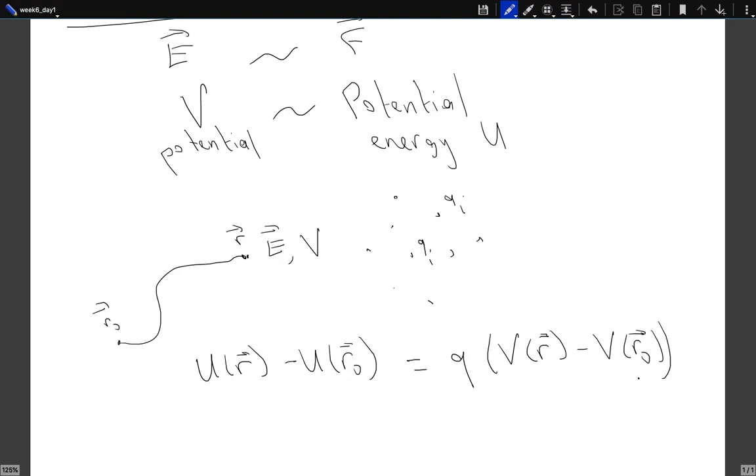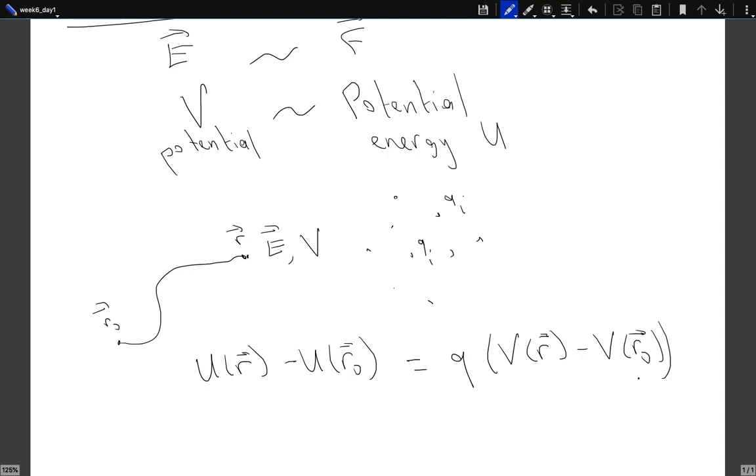So just like the electric field was force per charge, the potential difference is nothing but the difference in the potential energy per unit charge, as you are moving only that charge from some initial point to the final point.